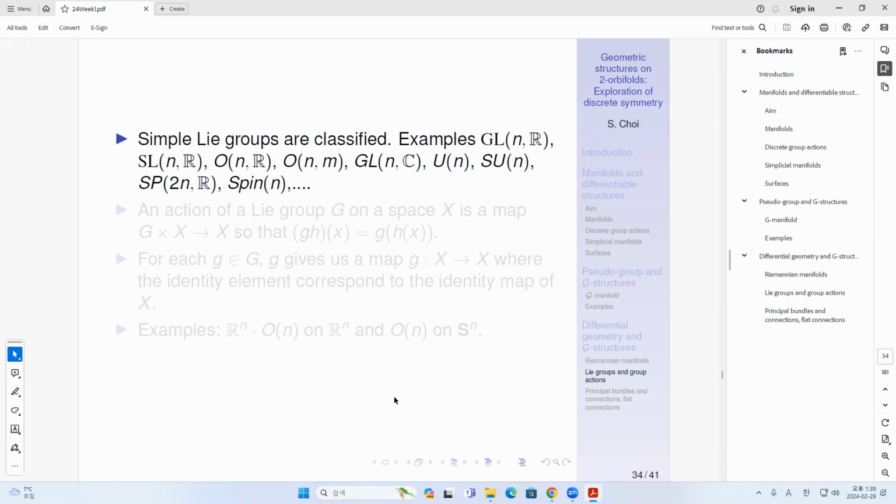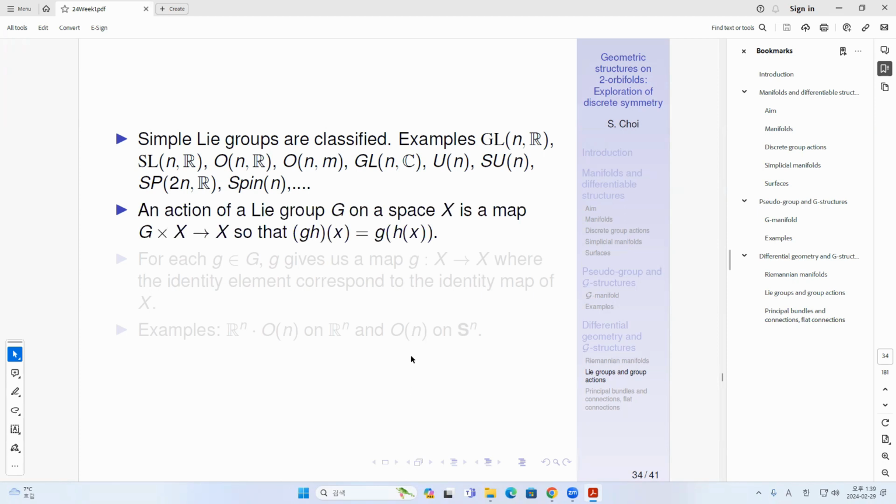Examples are things like GLnR and SLnR, GLnC, Un, SUn, Sp2n, Spin and so on. Of course, GLnR is reductive, so I didn't include it, but some extensions of simple Lie groups are also understandable.